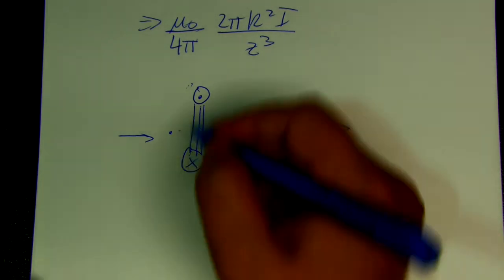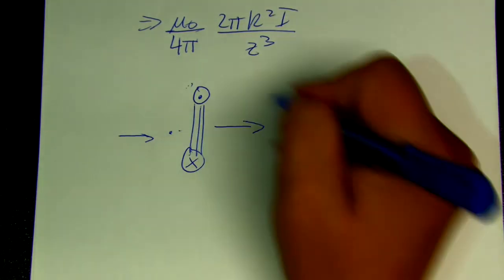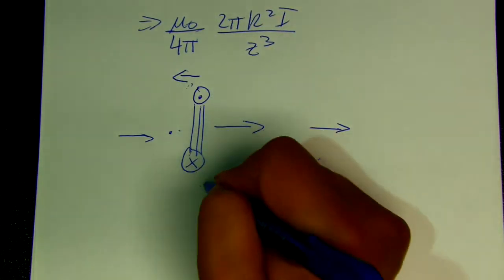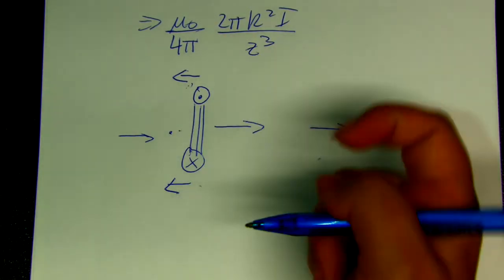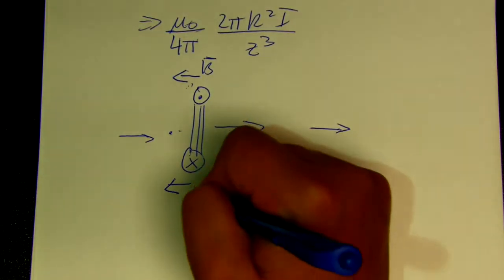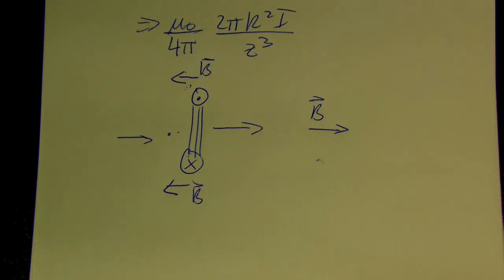And then what we'd see is you'd have a magnetic field going this way and through the center, and you'd have the opposite on either end. So at the outsides of the loops of wire, the magnetic field goes this way, and then you would have a different magnetic field going through the wire.